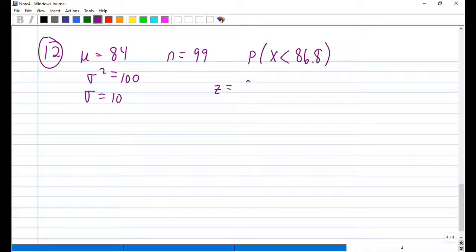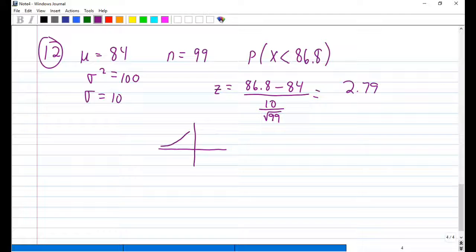So we have x minus mu over sigma divided by the square root of n. Whenever you do all of that, you should get about 2.79. I bet this number that we look at is going to be really small.